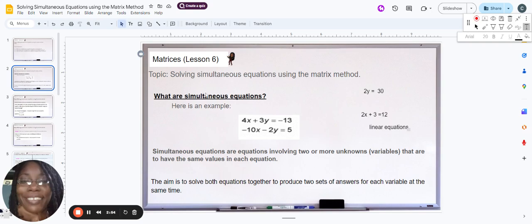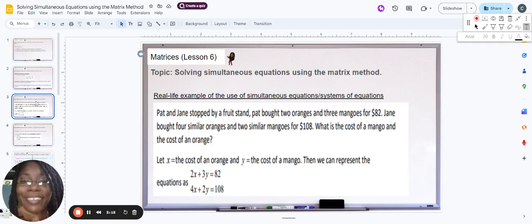That's the meaning of simultaneous, meaning to do things at the same time. So we have to solve both equations together to provide answers for each variable, the x and the y, at the same time.